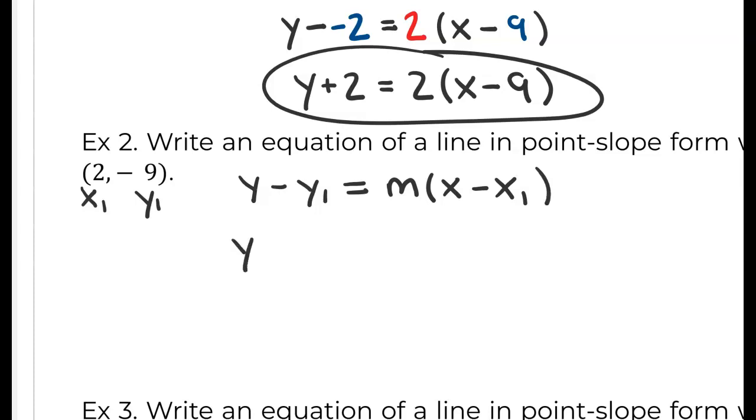So y minus our y1 is -9. So I'm going to do minus, again, this will be a -9, equal to our slope we said was 5. So a 5 goes in for m.